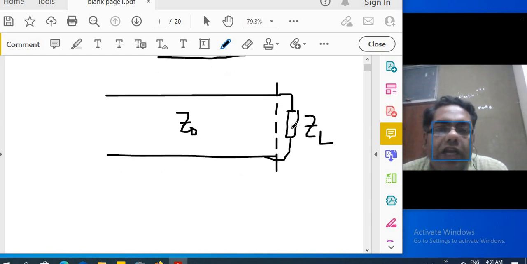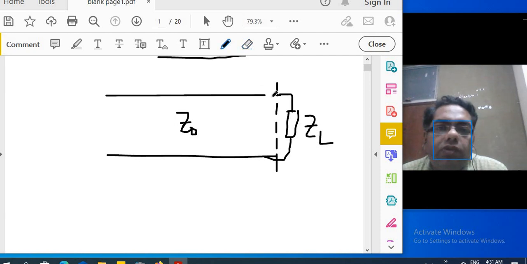So if ZL is not equal to Z0, what happens? There is an impedance mismatch, due to which the signal which is traveling like this gets reflected back.